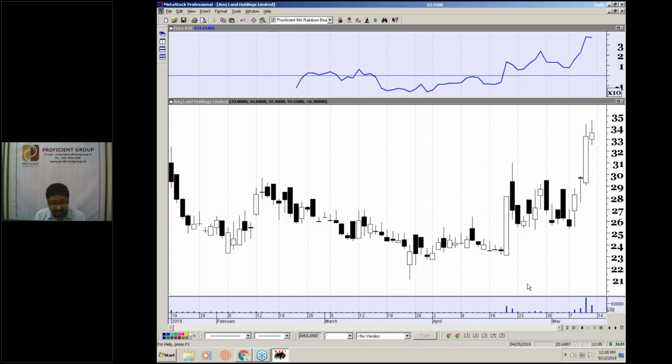It has formed a significant bottom at 23 or 24 odd levels, and since then it has broken out. A small pullback is possible. 30 to 31 will be a good entry point for this stock. Overall stop loss will be 26, and you can trade this stock from the long side, right?